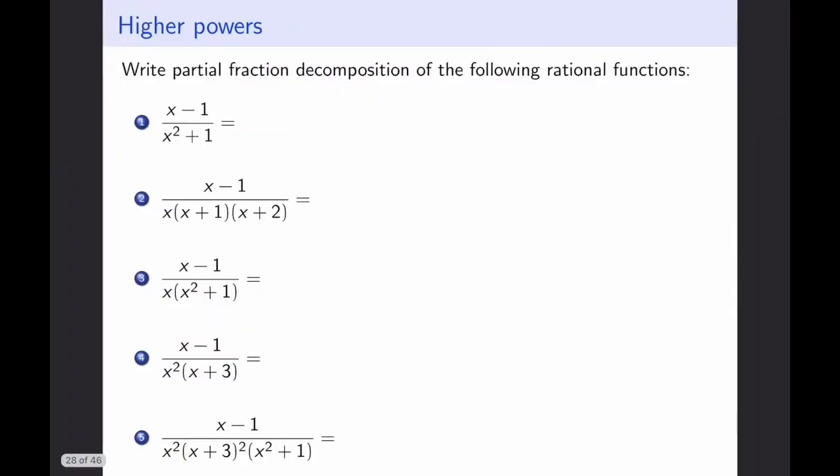So let's take a look here what happens when our denominators are different and potentially of higher powers and more complicated. Also remember that the one caveat to the partial fractions decomposition was the fact that the power of the top has to be lower than the power of the bottom in order for us to proceed with the method.